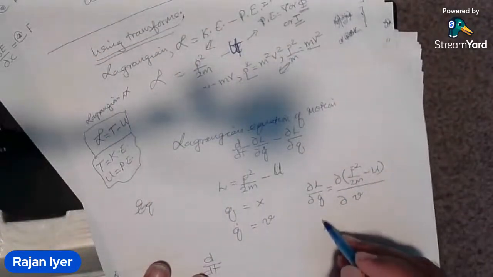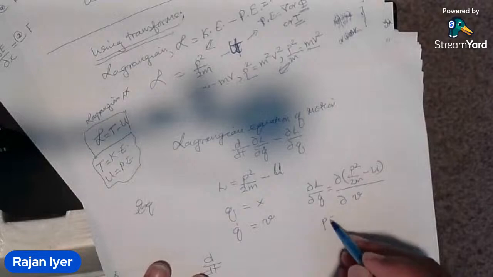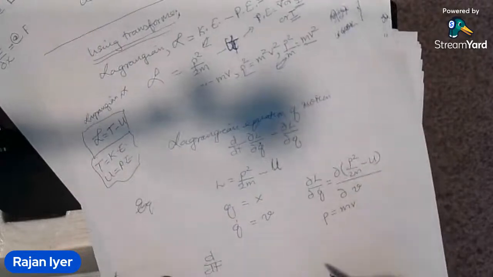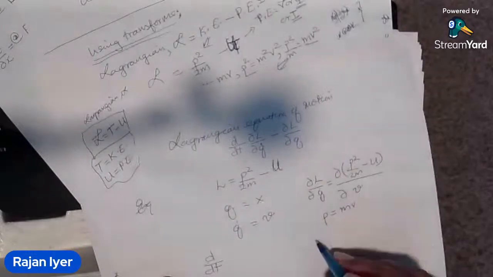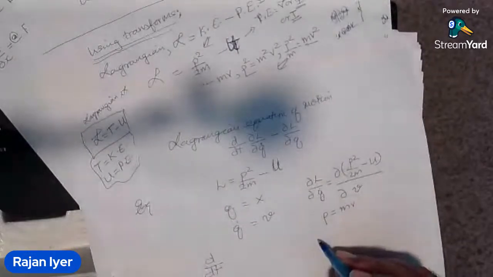Remember that p equals mv. So it is good to change it to half m v square.